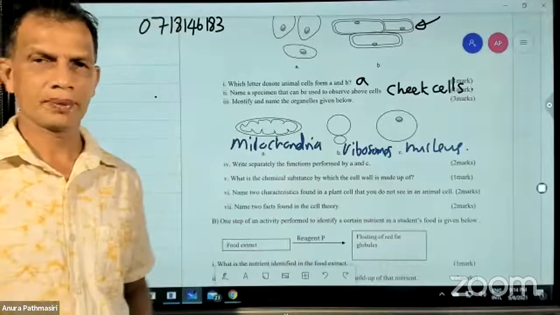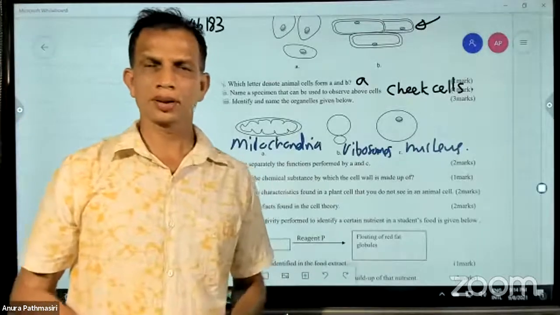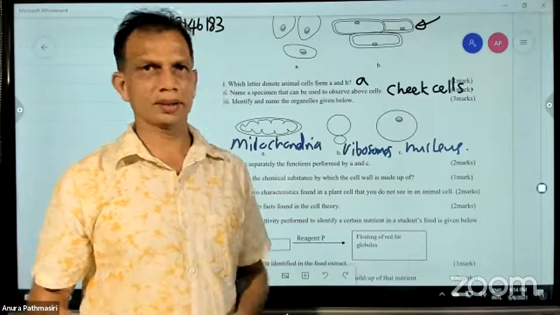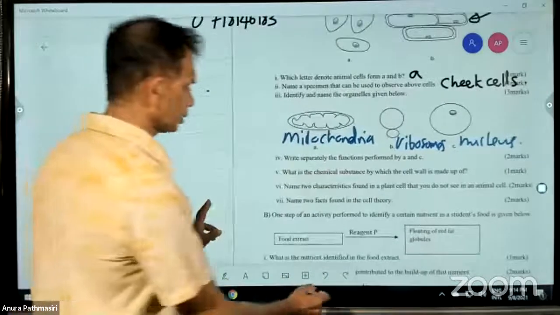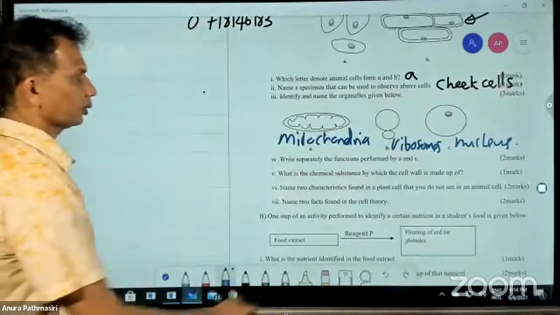C, controlling the cellular activities and transferring the genetic information from one generation to next.